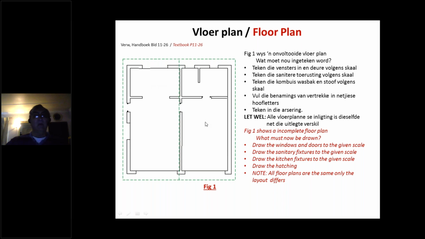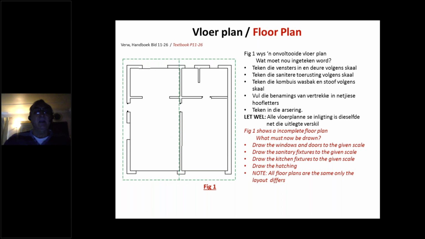You have to put in the names of the rooms, the designation of the rooms, the kamers se name. And remember that on any drawing, when you put in any names or titles on the drawing, it must be in capital letters. That is one of the SANS prerequisites.